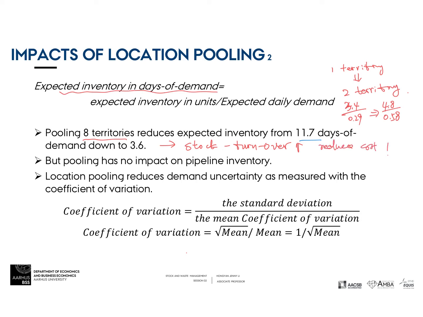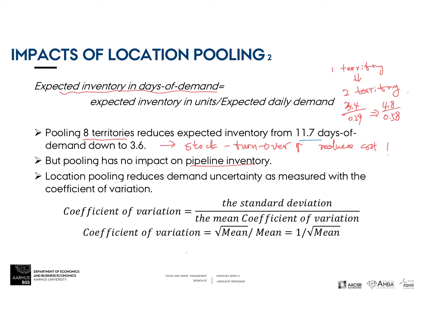So that's an intuitive result. But pooling has no impact on your pipeline inventory, or as we say, on-order inventory. However, we should also know this saving from pooling inventory also needs expenses from delivery or transportation or storage, renting cost, and so on.